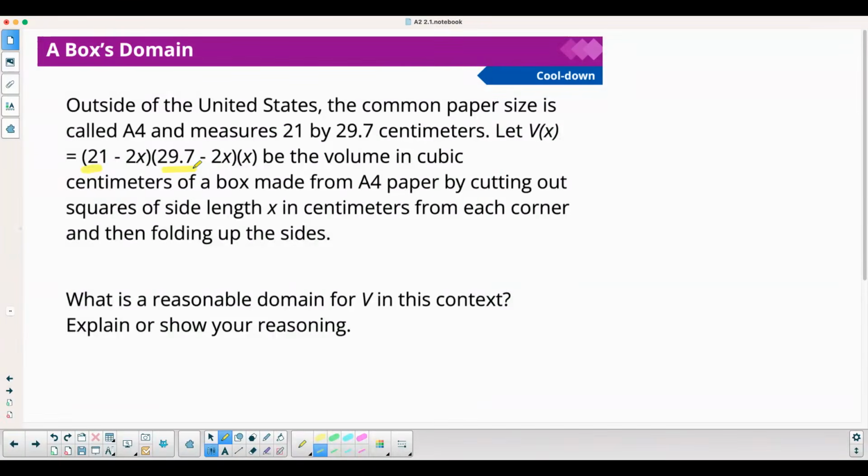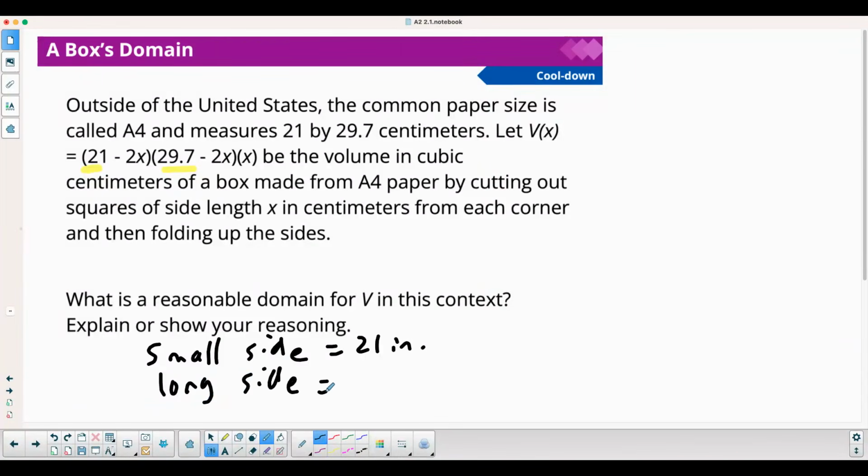So half of the smallest side, so you could say here, small side equals 21 inches, long side equals 29.7 inches. So half of the smallest side would be 10.5.